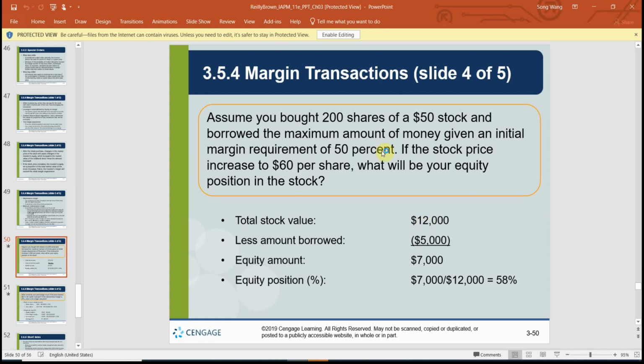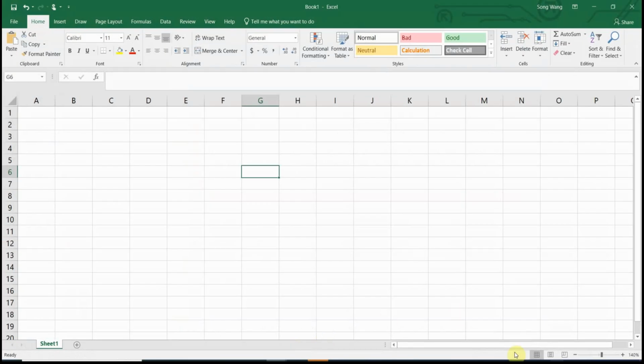And then you borrowed $5,000 from the broker, and your equity amount is $7,000. So your equity position is $7,000 divided by $12,000, and that's 58%. That is higher than the initial margin requirement. So you start with 50%. Because the stock price increased, you have a 58% equity position.